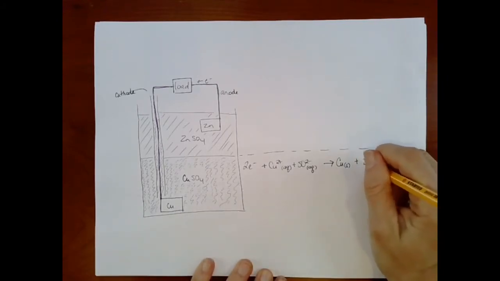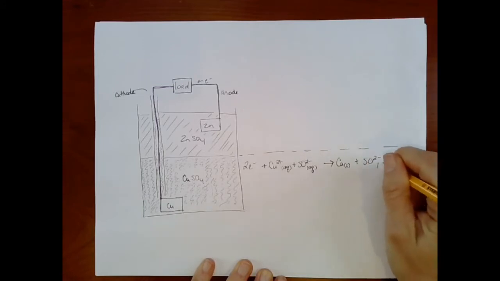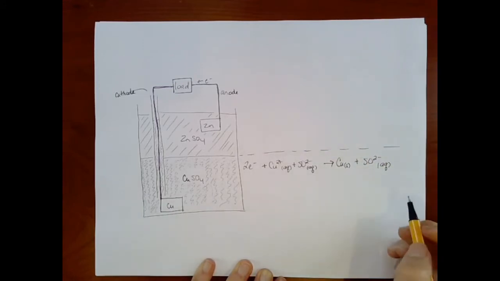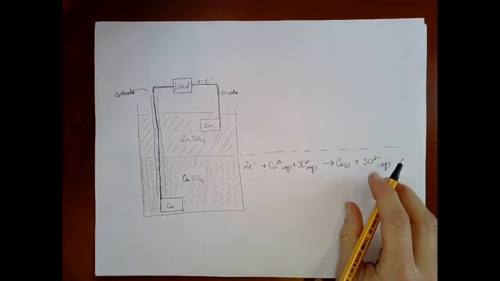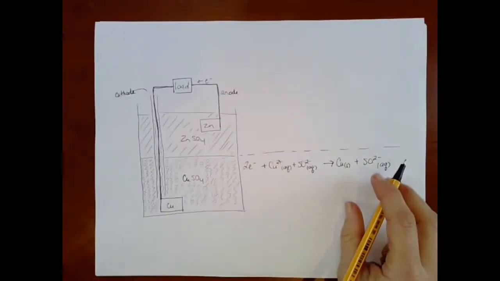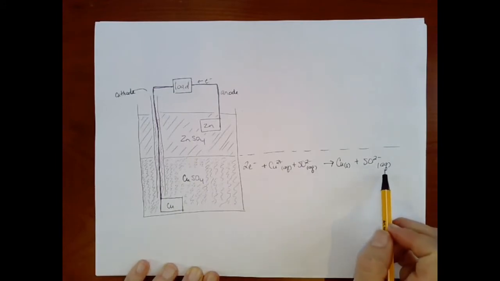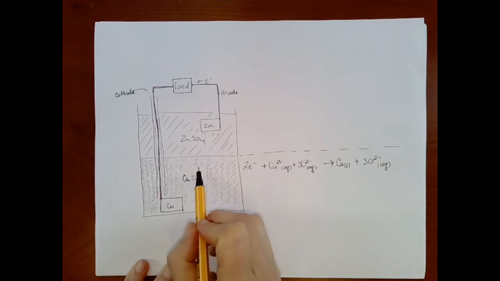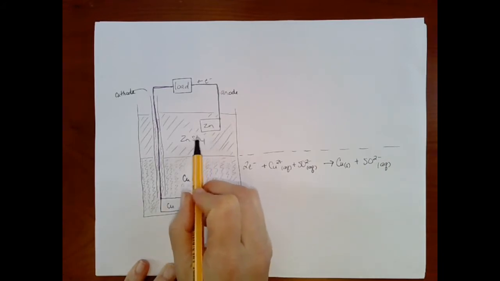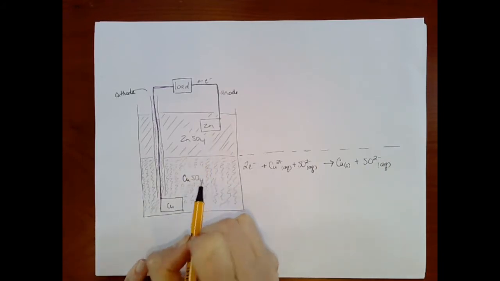When that happens, these sulfate anions are now all alone in the world. They do not have their counter-ion partner, and they are free to diffuse. So what will happen then is that these sulfate anions will diffuse up into the zinc sulfate solution.